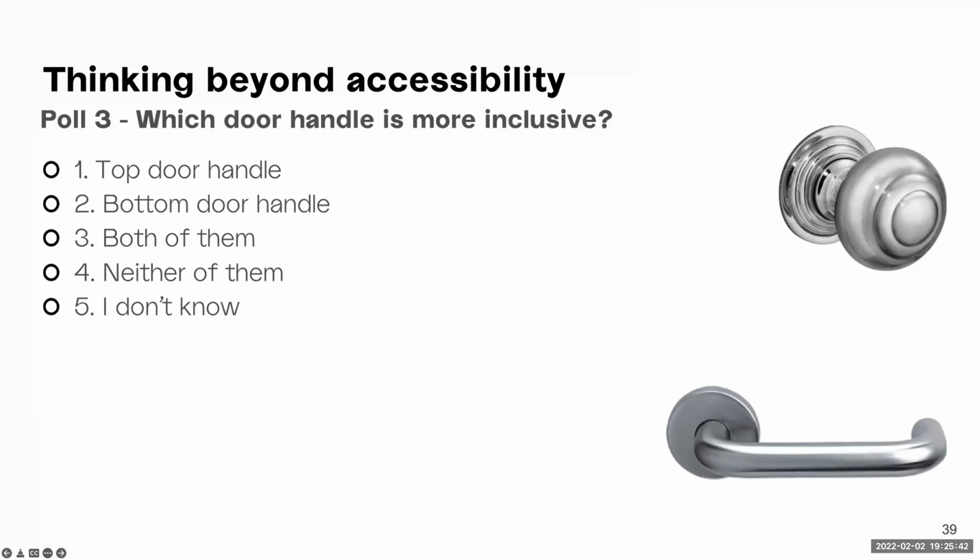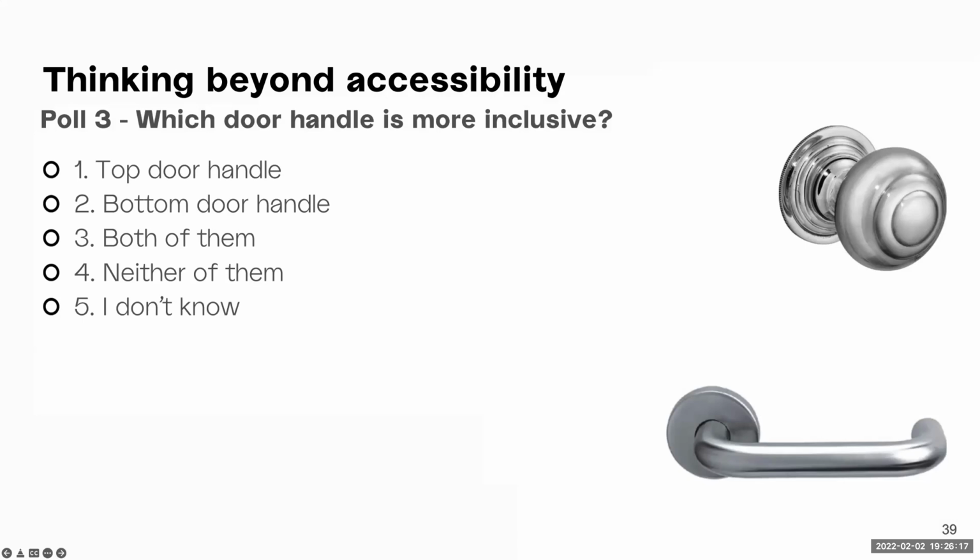The top one needs a few things. Firstly, it needs fingers. Secondly, it needs a specific twist, a specific power or angle, just to be able to open this door. But the one at the bottom is really inclusive, because you can open it using your hand, your elbow, your head, your chin, even your leg.